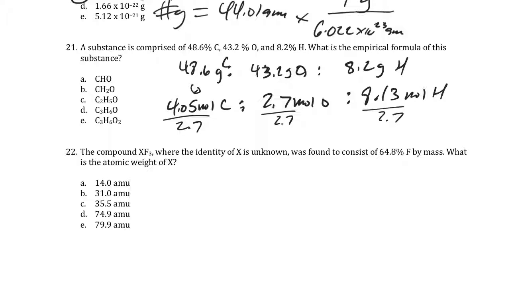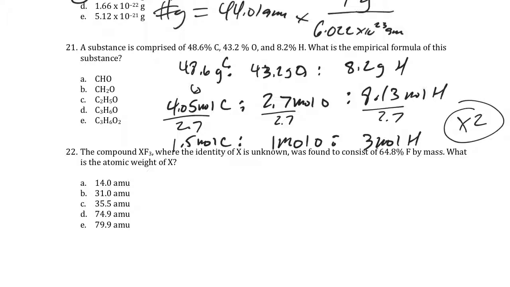So 4.05 divided by 2.7 gives me 1.5 moles of carbon to 1 mole of O to 8.13 divided by 2.7 is 3 moles of H. So I just start going times 2, 3, 4, finding the first one, so times 2 works. So this is going to be C2, C 1.5 times 2, which is C3, O2, H6. So C3H6O2. Looks like answer E.